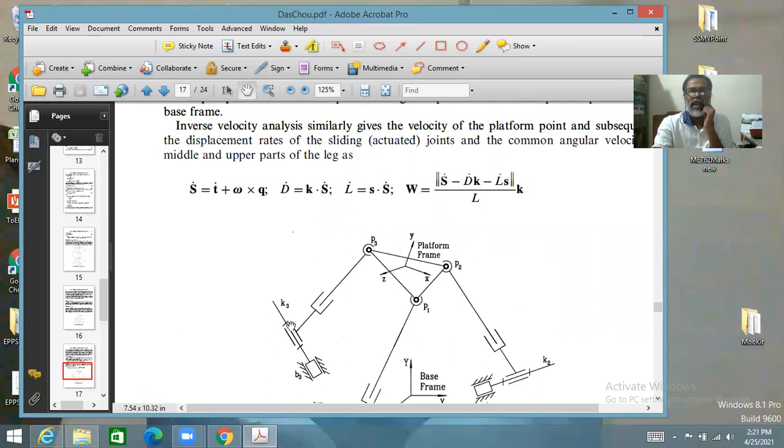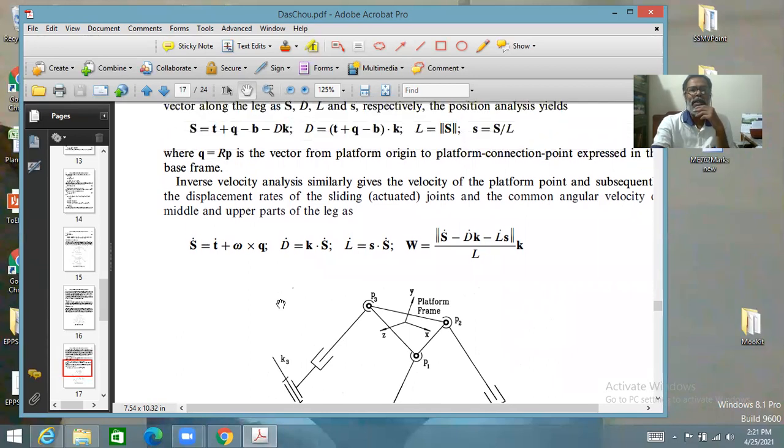And k is a unit vector. So that takes you to this point, and this is in a way the leg. And this is the position of the bottom connection of the leg, which is also variable. So this is how you work out the leg vector.